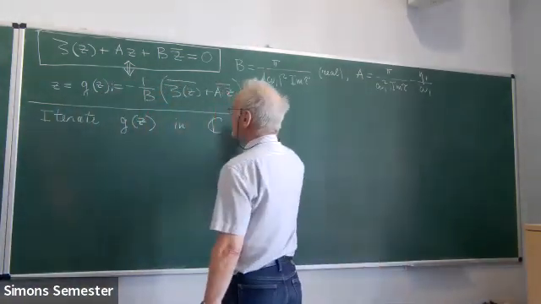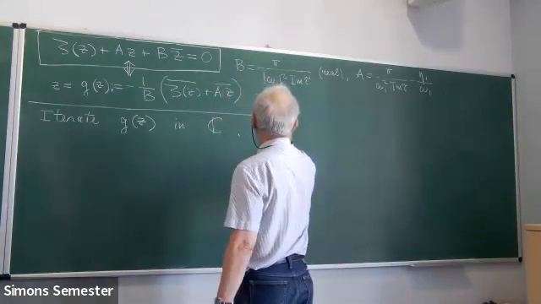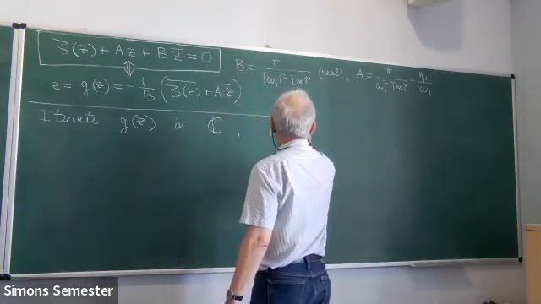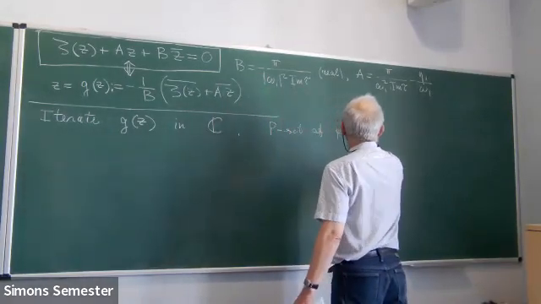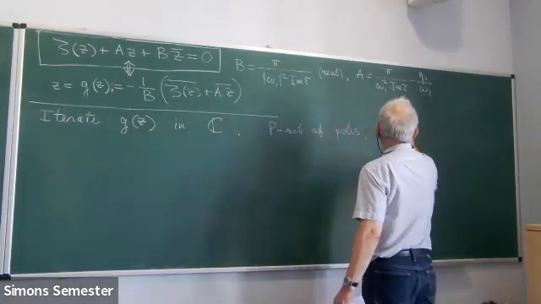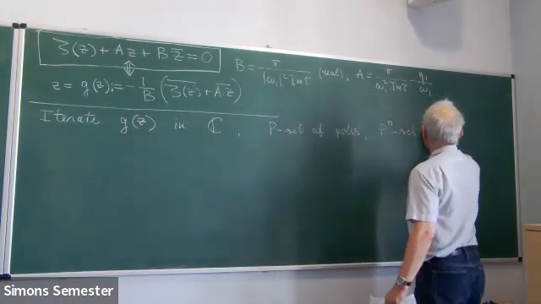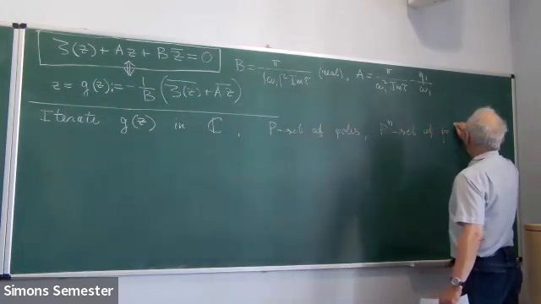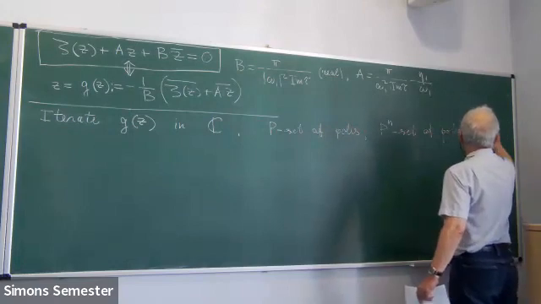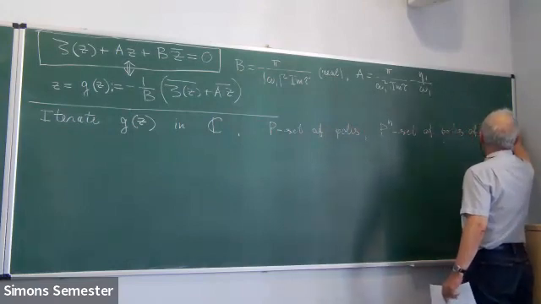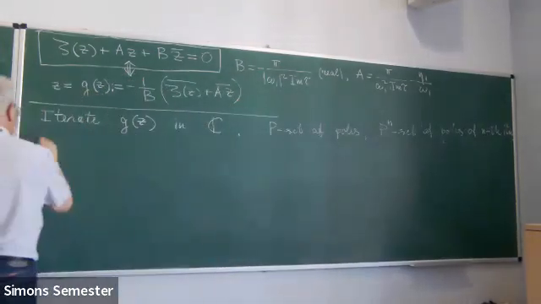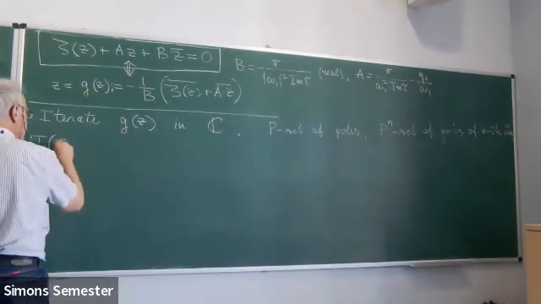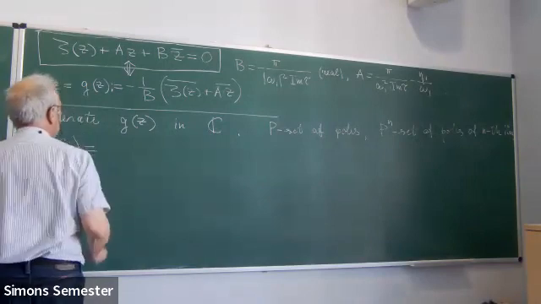So you take P to be the set of poles, and P_n the set of poles of the n-th iterate. And you consider what is called the Fatou set.